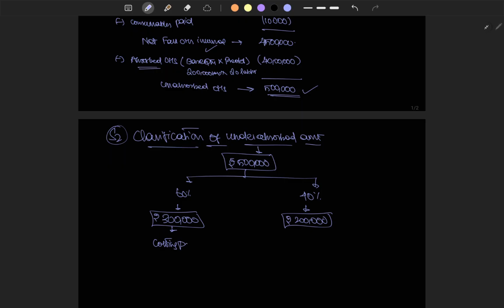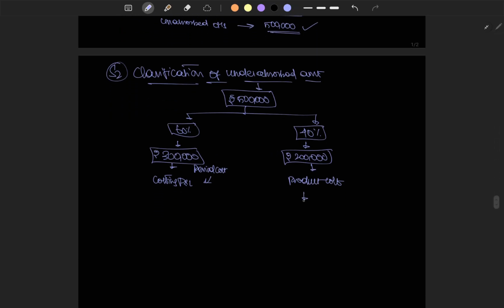Right, so we have to treat it as a period cost and transfer it to costing P&L. Then what about this 40% natural cost? This has to be treated as a product cost and charged to the products.